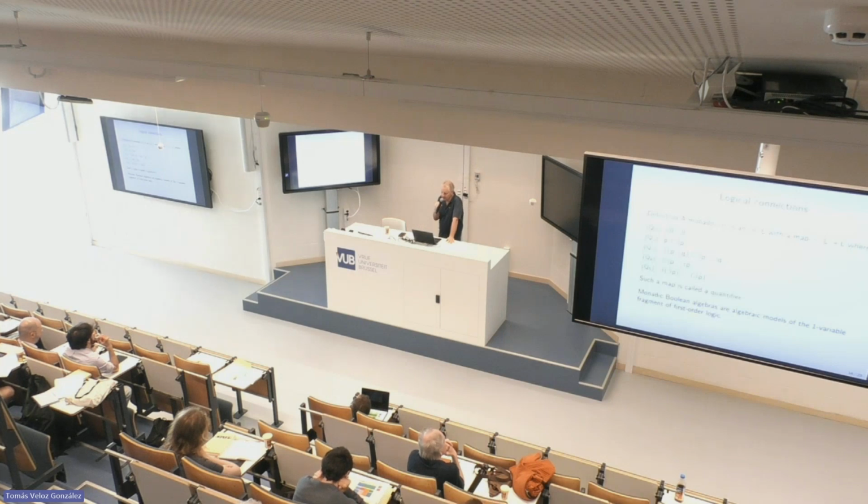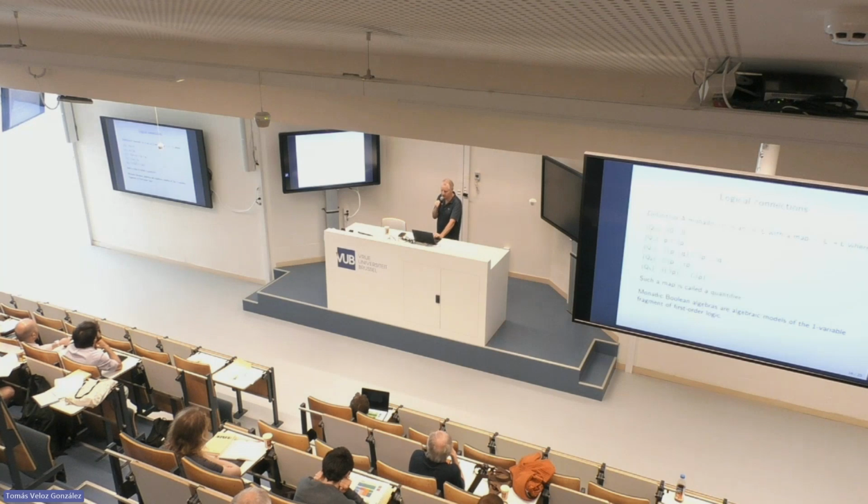So a monadic ortholattice is an ortholattice L with a map exists from L to itself that satisfies these properties. Essentially it says it's a closure operation where the orthocomplement of a closed element is closed.